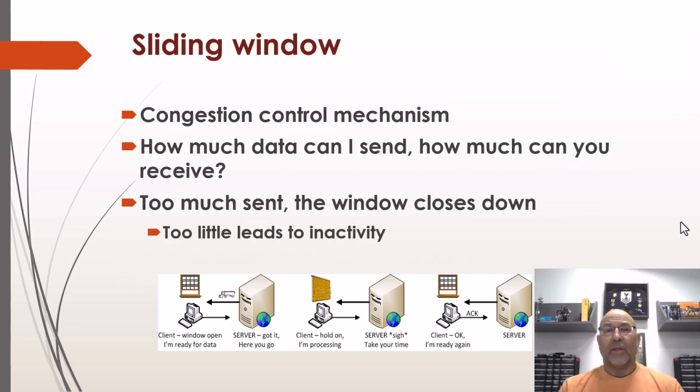Now, conceptually, we call this sliding window because the window can be adjusted not only while we're sending data, but also over the course of a transmission, we can change the window size, right? If we're able to process the data and if the network is fast, we can change the window size.